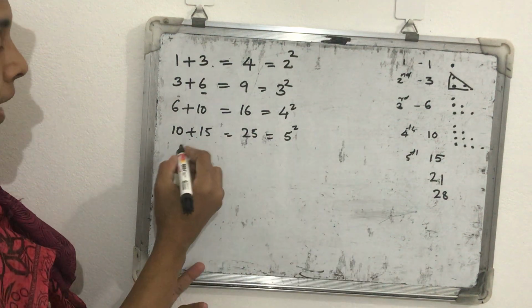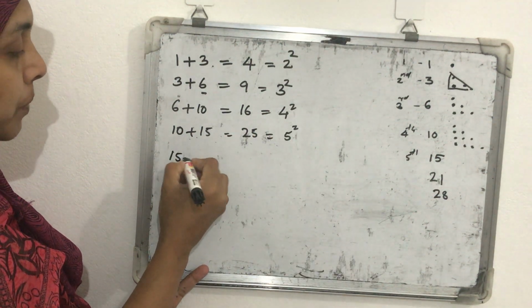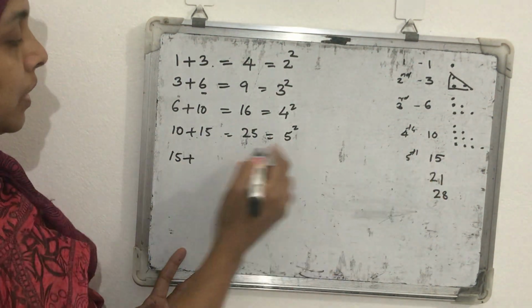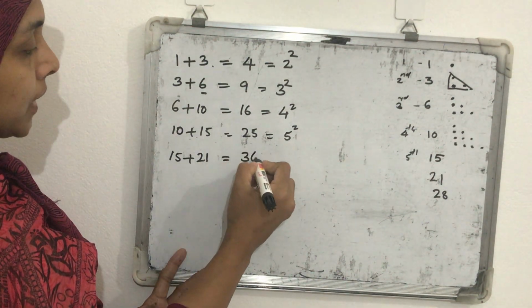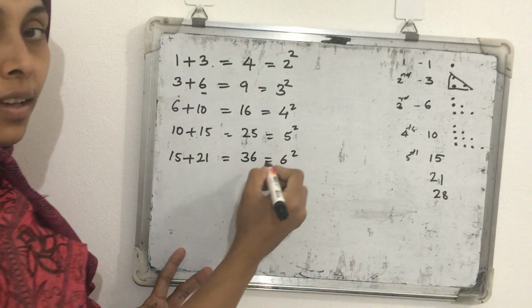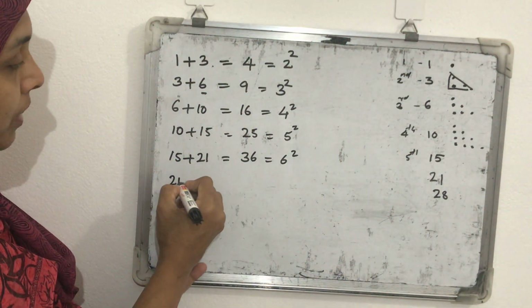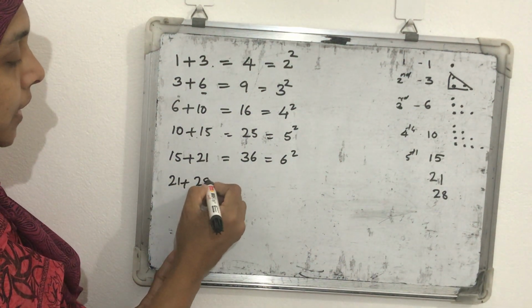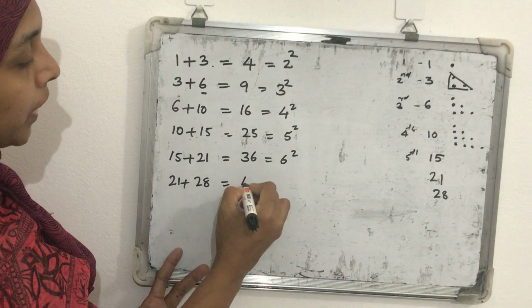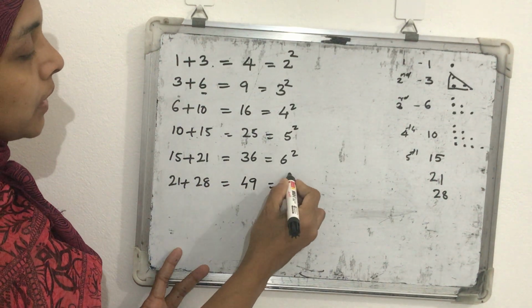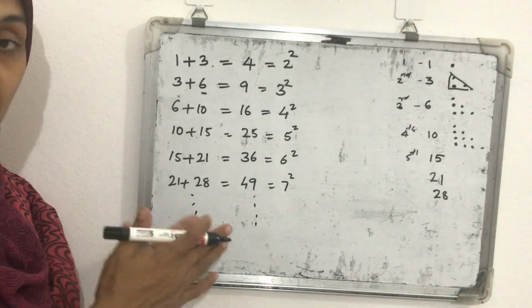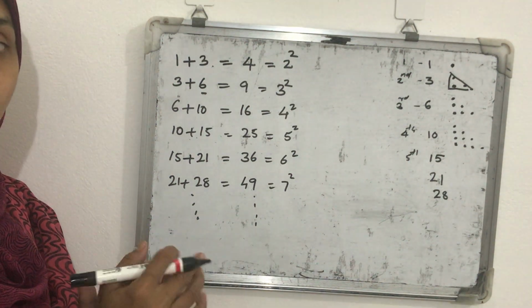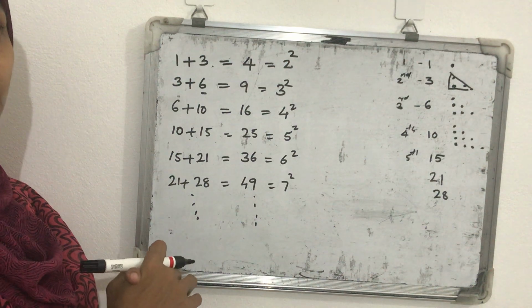Just like next, 15 plus 21, we will get 36. That is 6 square. Then 21 plus 28, we will get 49. That is 7 square. This way we can find that pattern when we add the consecutive triangular numbers.